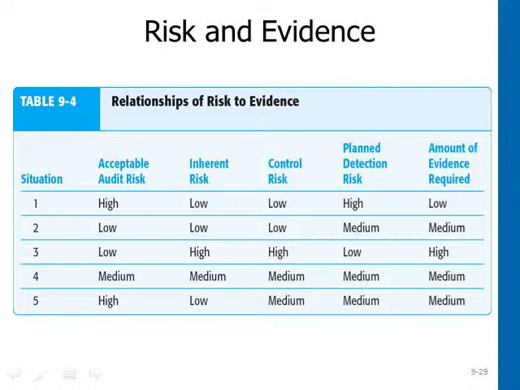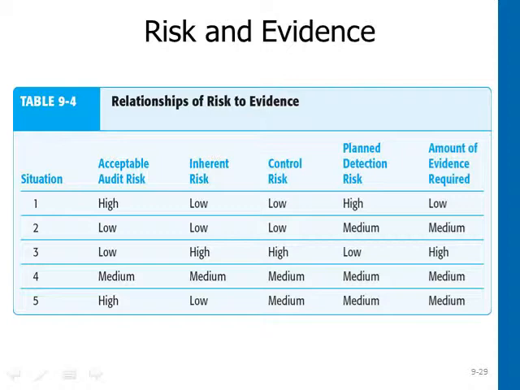And so in this table, we're simply trying to show the relationships of risk to evidence. For example, in situation 1, if we have acceptable audit risk, we may have high levels of evidence. If we have inherent risk low, then we'll allow that to impact the amount of evidence that we require.